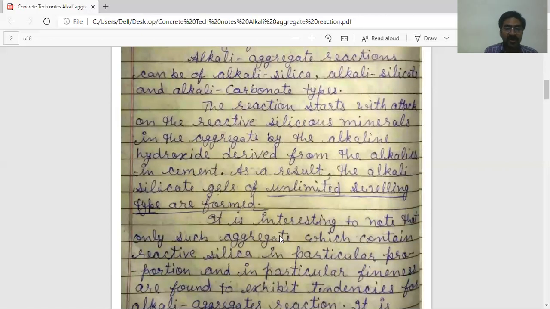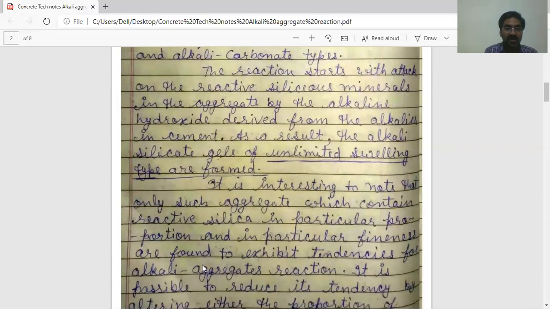It is interesting to note that only such aggregates which contain reactive silica in a particular proportion and in a particular fineness are found to exhibit tendencies for alkali aggregate reaction at some particular percentage. This is a very important point to be noted.